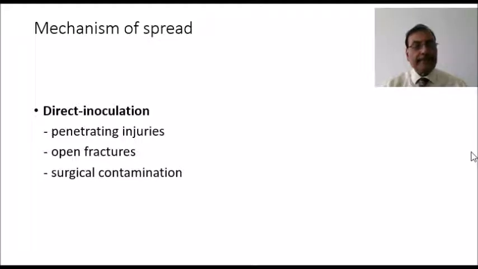Direct inoculation is by penetrating injury, for example a gunshot injury. Material from the exterior goes inside to the bone and can infect it. Open fractures are another example. Or during surgery, bacteria can contaminate the wound, and then there will be infection of the bone.